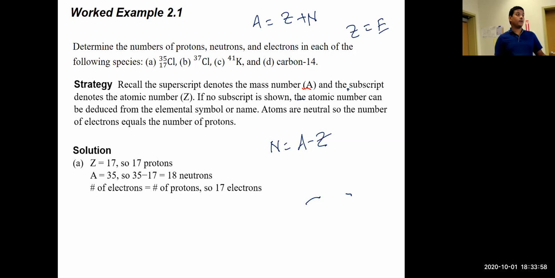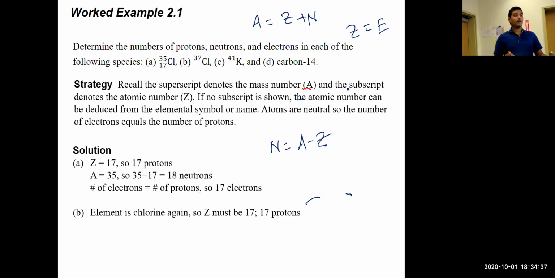Let's go to the second problem. It says just chlorine 37. One thing that we can rely on is that an element symbol is associated with a certain number of protons. A certain number of protons is associated with a fixed element symbol. So if you know the number of protons, you can always identify which element it is exclusively. And if you know the element symbol, you can always identify how many protons it is going to have. So for chlorine, you can identify from the periodic table that chlorine has an atomic number of 17, which means it should have 17 protons again.